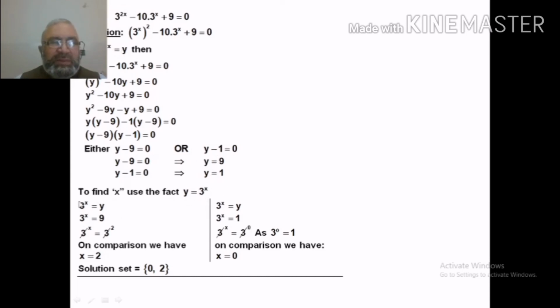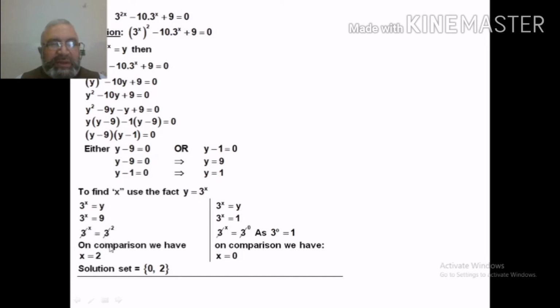Therefore 3 power x is equal to y means 3 power x is equal to 9, one value. So we can write 9 as 3 power 2. Now when the bases are the same, we compare the powers, or when the powers are the same, we compare the bases. So here we are going to find the value of x. So the bases are the same.